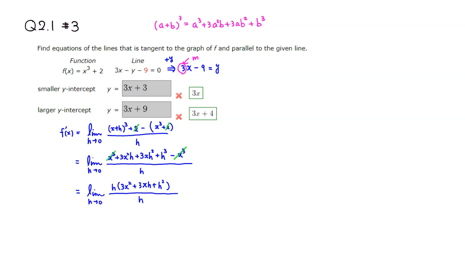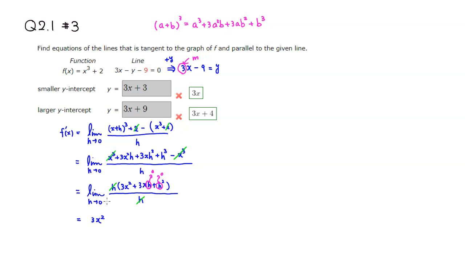We can cancel the common factor on top and bottom, so h and h cancel out, and also h is going to 0. So 3x times 0 is 0, and 0 squared is 0. Those last two terms go away, and you're left with just 3x squared.